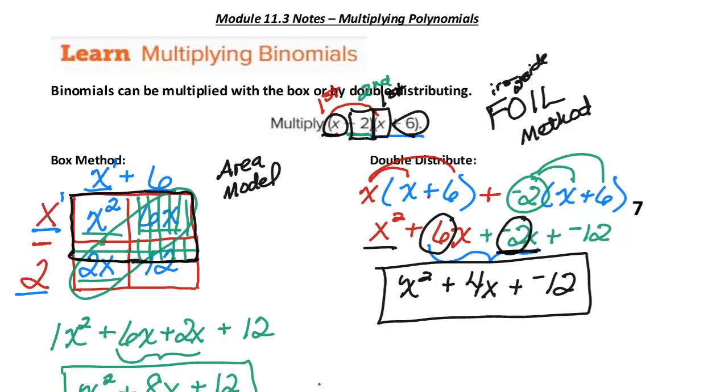So this is your last term of the first binomial times the last term of the second binomial, which gives you -12.